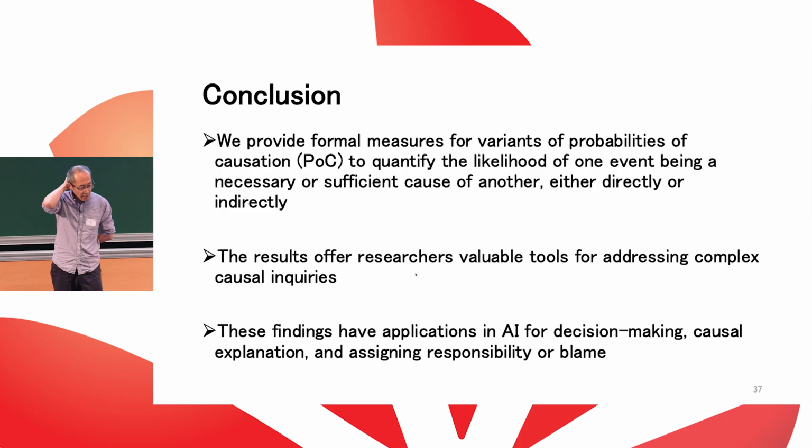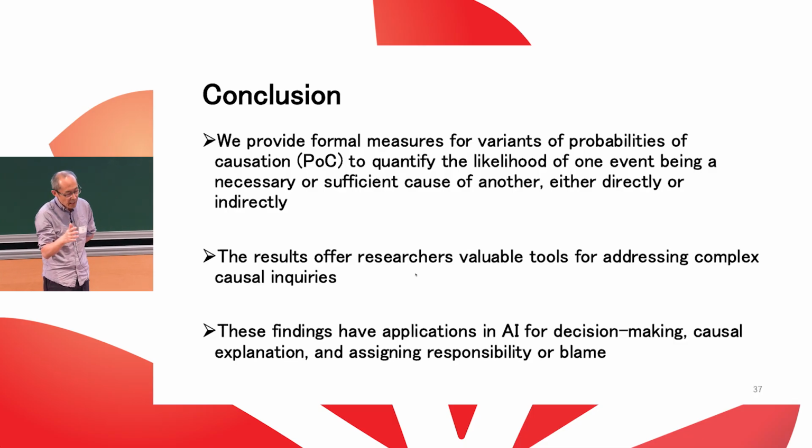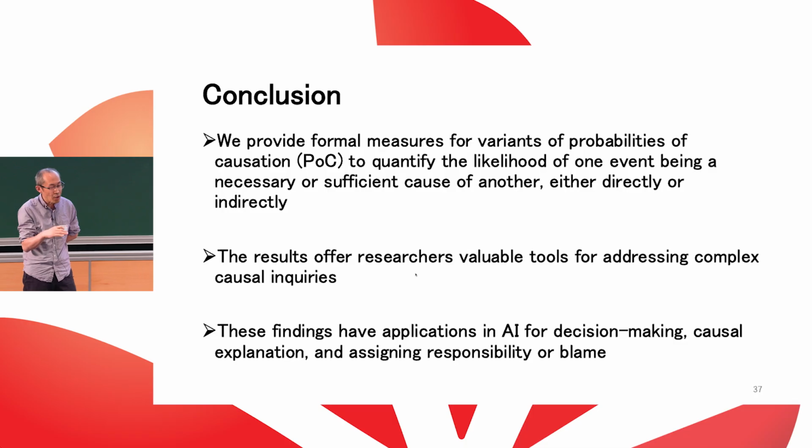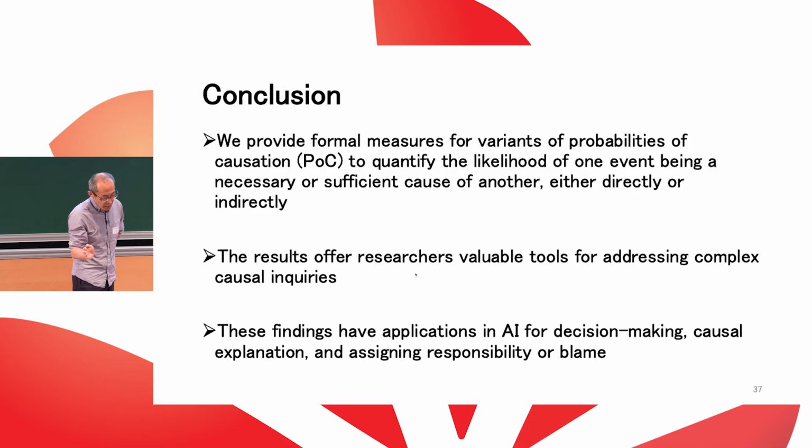Okay, in conclusion, we have provided a number of formal measures for several variants of probability of causation. The idea is to quantify the likelihood of one event being a necessary or sufficient cause of another, either directly or indirectly.